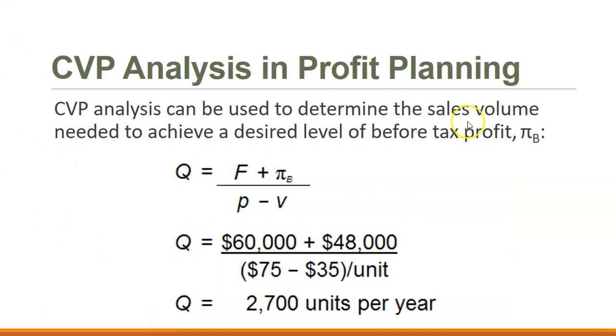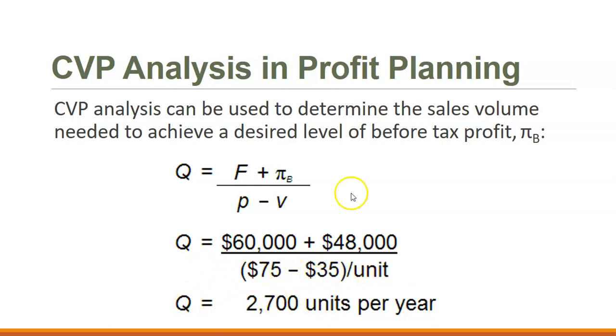When we're making profit planning, then we can also look at how we determine what is our before tax profit. So the symbol showing before tax profit. For before tax profit, instead of just looking at fixed costs divided by contribution margin, we would take our fixed costs plus our desired profit and then divide that by our contribution margin per unit.